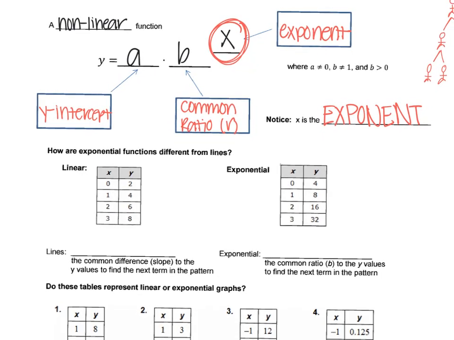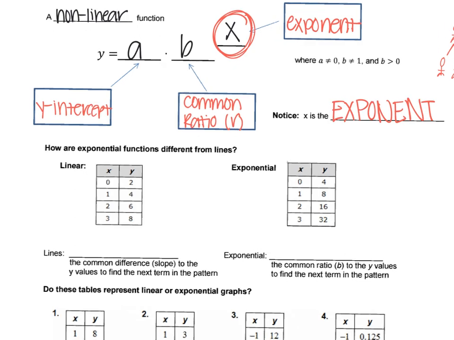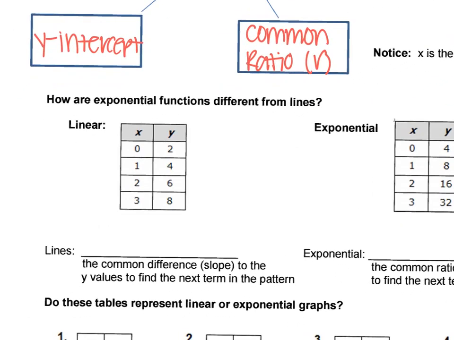So let's start simple. Let's do a little compare and contrast. It says, how are exponential functions different from lines? It gave us an example of linear, so we know this one is going to make some sort of line on the graph. If we look at x, to get from 0 to 1, we added 1.